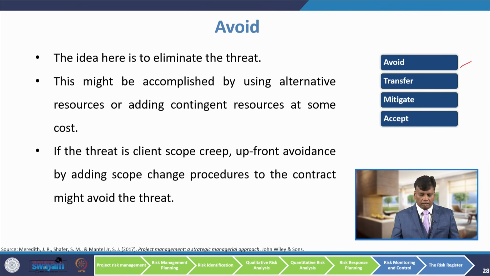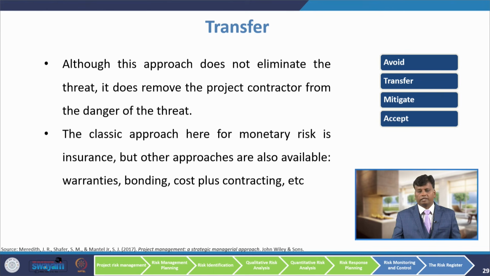If the threat is client scope creep, upfront avoidance by adding scope change procedures to the contract might avoid the threat. So, that is the avoiding strategy. The next strategy when the risk is a threat is transferring the risk. Although this approach does not eliminate the threat, it does remove the project contractor from the danger of the threat.